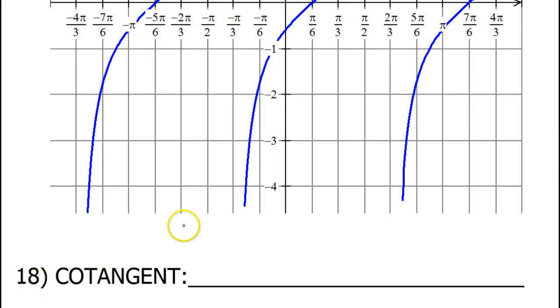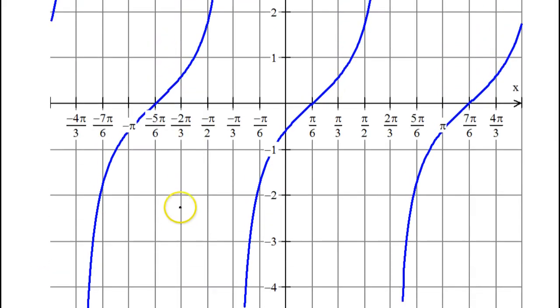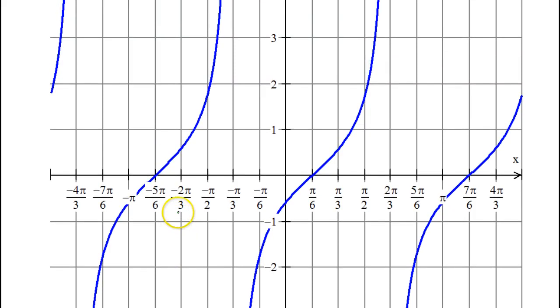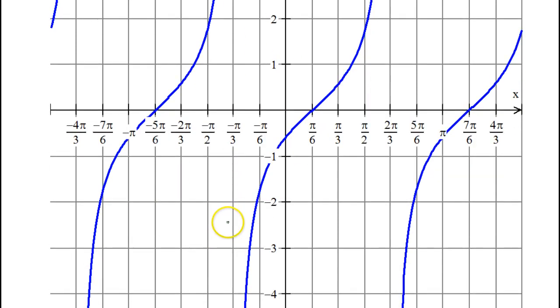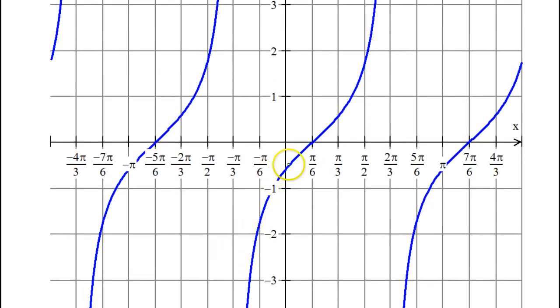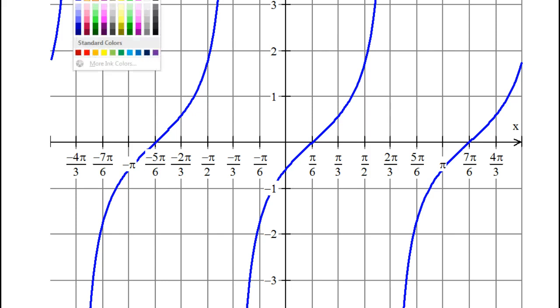For number 18, we're going to do a cotangent function. Okay, it's not quite as easy to see where the midline is when they just swerve like this so smoothly, but luckily it seems to me that the midline is the x-axis.